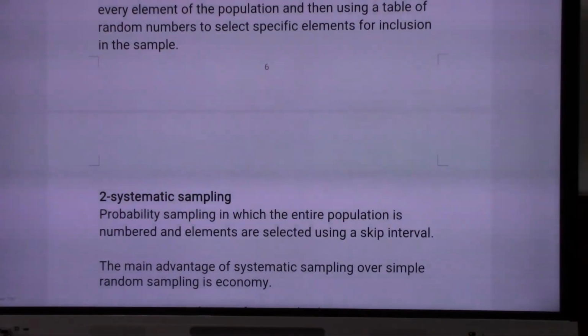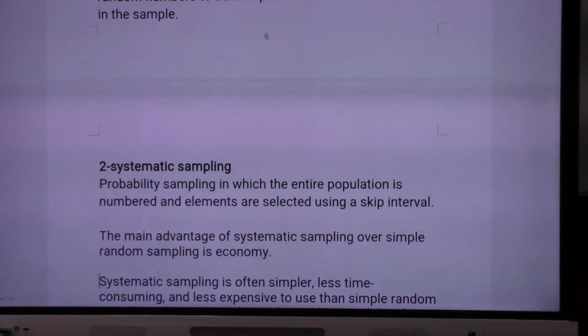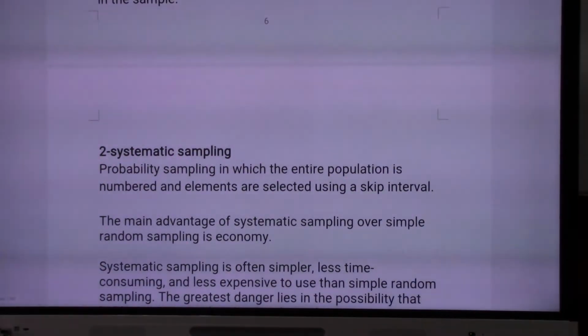The main advantage of this type is that it is a cost-saving method. It is often simpler, less time-consuming, and less expensive to use than simple random sampling.